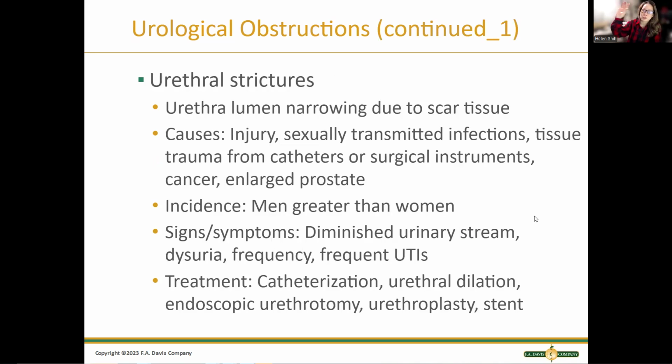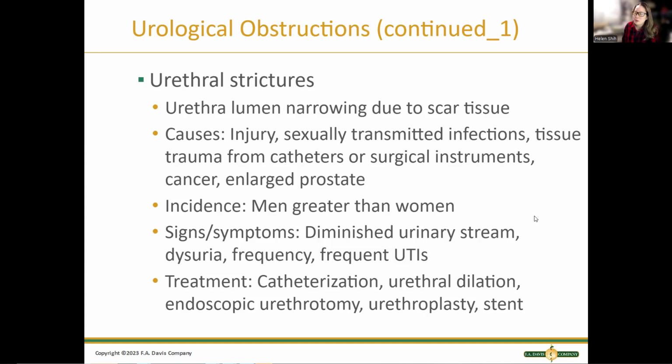So we have urological obstructions as the umbrella term. One of the first things underneath that is urethral strictures. Urethral, obviously meaning the urethra. Stricture is a term used to say that there is a narrowing of a non-blood vessel.